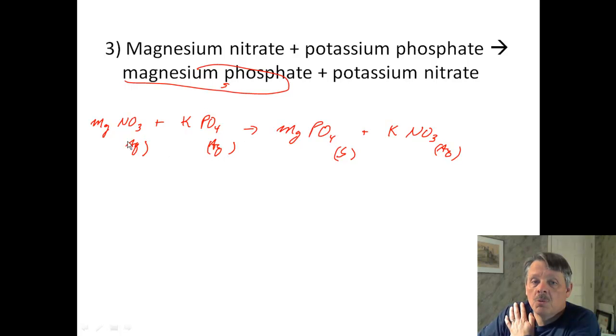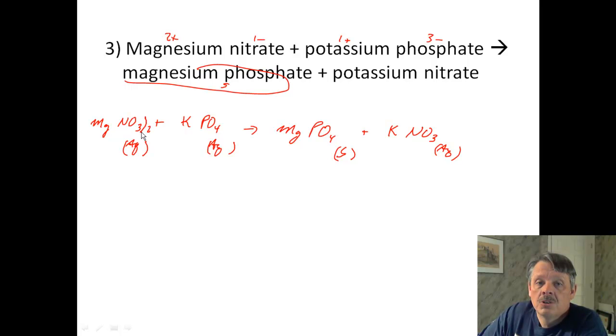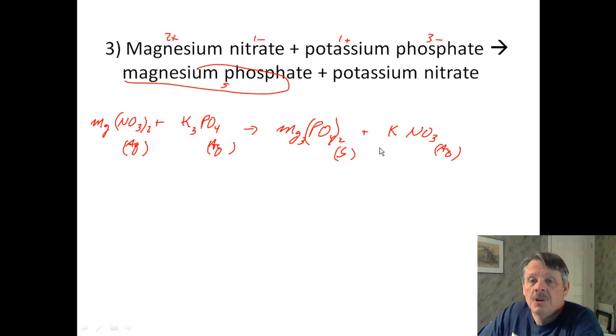We have magnesium nitrate. Magnesium is 2 plus, and nitrate's 1 minus. Potassium is 1 plus. Phosphate is 3 minus. So when I do my crisscross, I get 1 magnesium and 2 nitrates, and I get 3 potassiums and 1 phosphate. Magnesium phosphate, I get 3 magnesiums and 2 phosphates, and potassium nitrate is balanced.